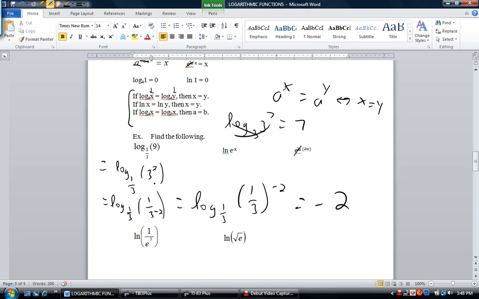Now if you're wondering what exponent rule I used to go from 3 squared to 1/3 to the negative 2, it's the flipping base rule. A to the negative n is the same as 1/a to the positive n. What that's saying is, if you want to flip the base over, you can, but you only do that if you change the sign of the exponent.